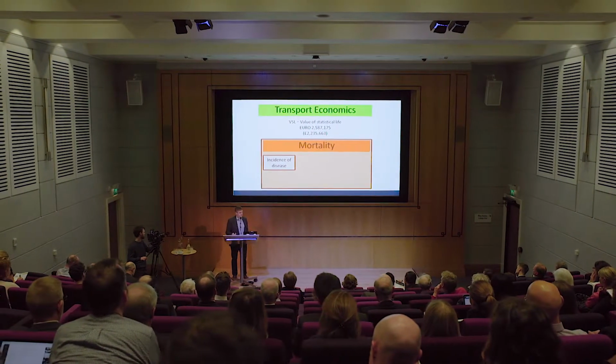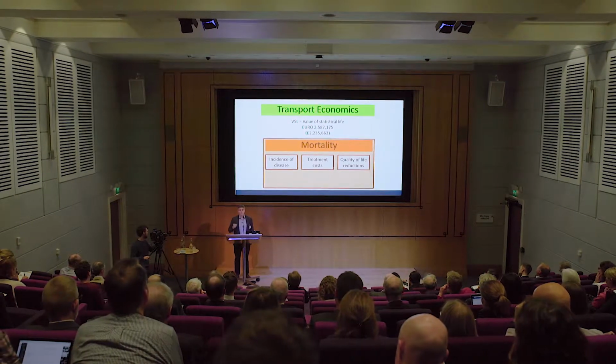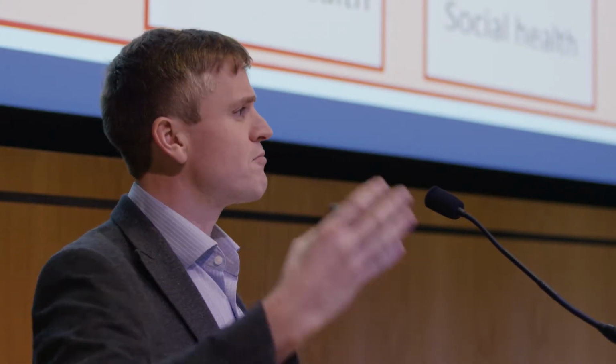So things like incidence of disease, treatment costs, reductions in quality of life, reductions in mental health, and social connectedness, and reductions in loneliness and isolation. So while these aren't explicitly captured, the assumption is that these are all things you would see as precursors to the mortality that resulted as a lack of physical activity in this case.